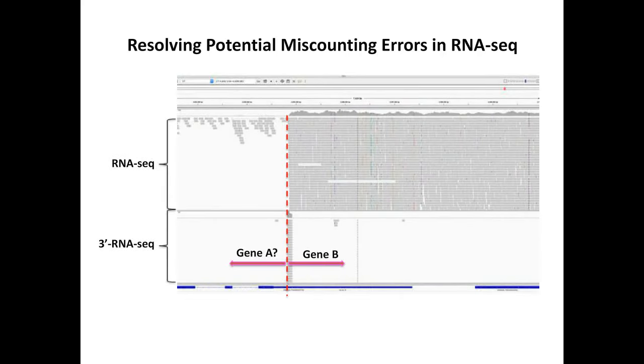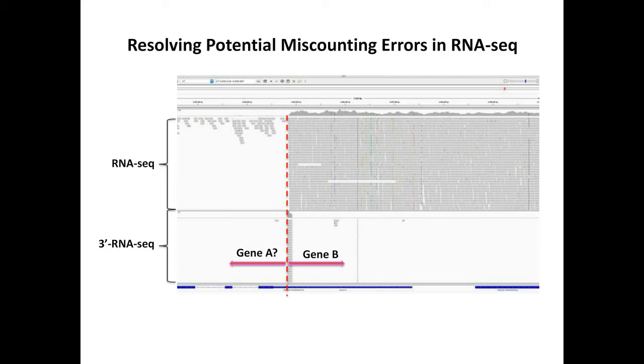You can see here we have 3' RNA-seq data, and it is not very clear in this slide, but these reads have direction. It shows that reads are going in this direction. So obviously all the transcripts mapping here belong to gene B.